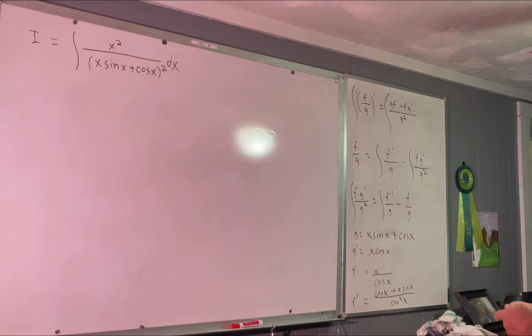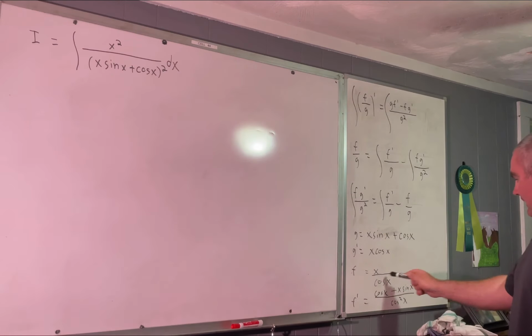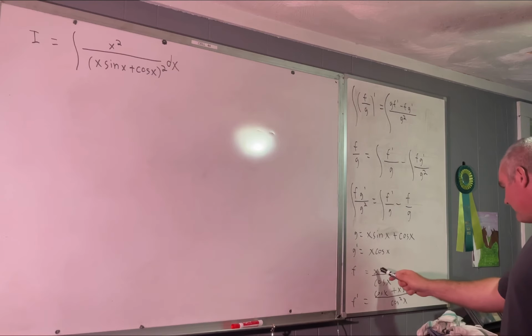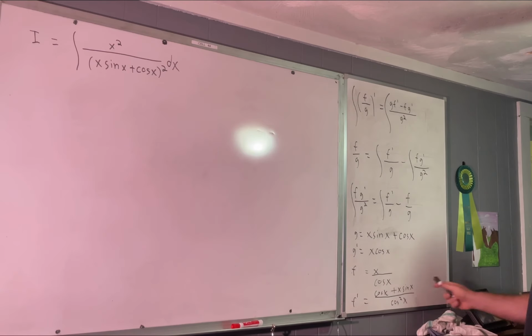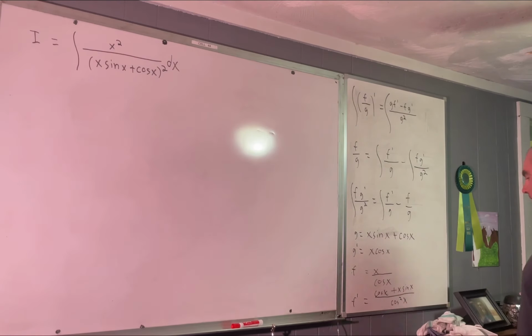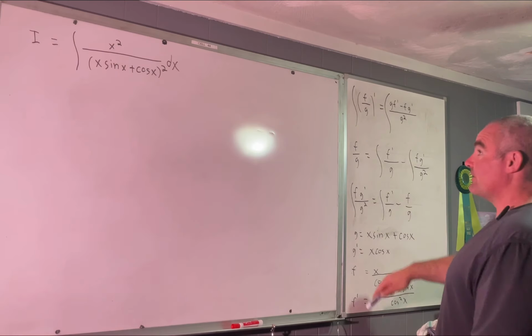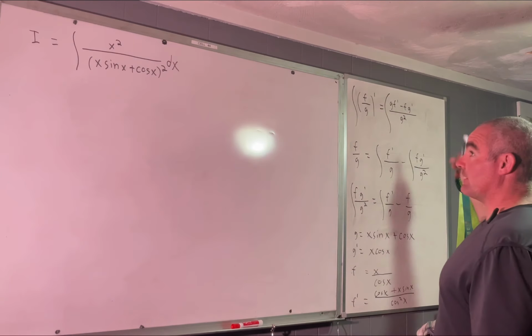Let me make sure I did that right. All right. Low d high, that's right there. And then minus x times the derivative of cosine x, which is minus sine x. So that's plus x sine x. All right, that's correct. All right, so now we have all the pieces for our integration by parts.